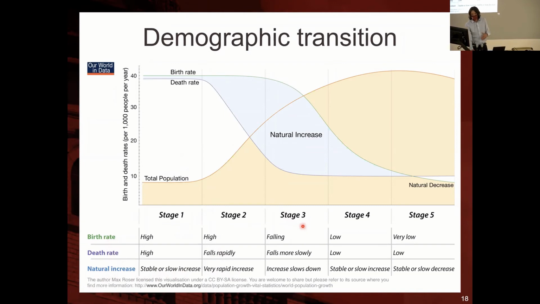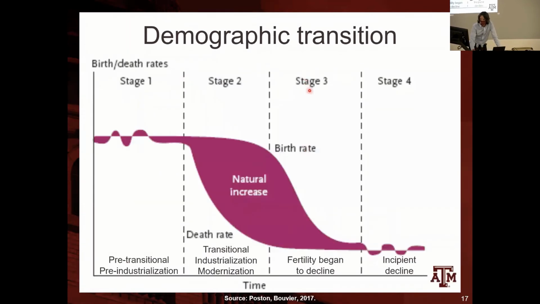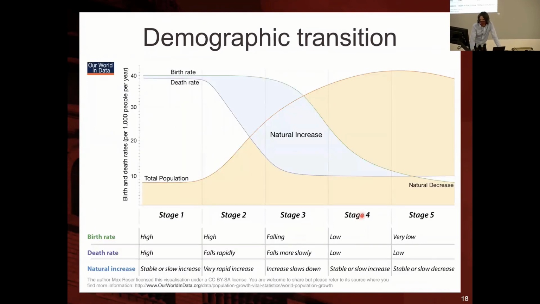And then in this graph here, they subdivide the stage 3 from the previous graph into these stages 3 and 4, which is pretty much fertility declining afterwards, after people realize that they don't have to have so many children because mortality declined a lot. And then we still have population growth, but not so fast as it was before.